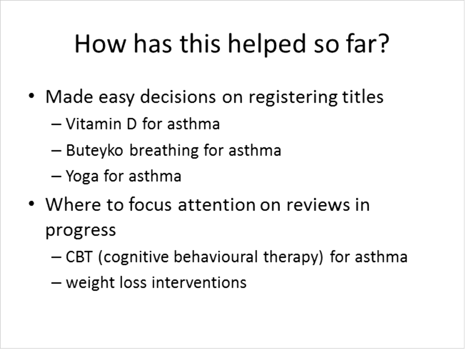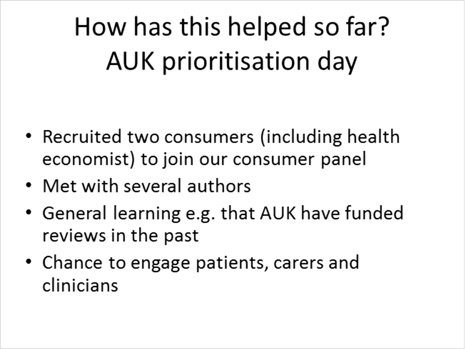And we also have a clear indication of where to focus attention on reviews that are already in progress. So we have a registered title for cognitive behavioural therapy for asthma, which we're very keen to get written. And we also have a review in the editorial process on weight loss interventions, and we know these are key questions for patients, so we can really focus our attention there during the editorial process.